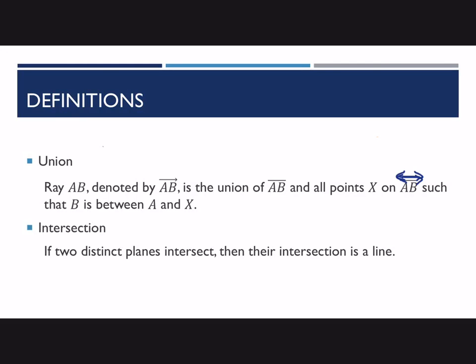All right, so let's try to draw and visualize this. We have the union of segment AB, and then if I were to extend that and look at line AB, then my ray includes not only this segment, but also any point on the line so that B is between A and X. So that would be all of the points X on the opposite side of B than A, so all the points over here.